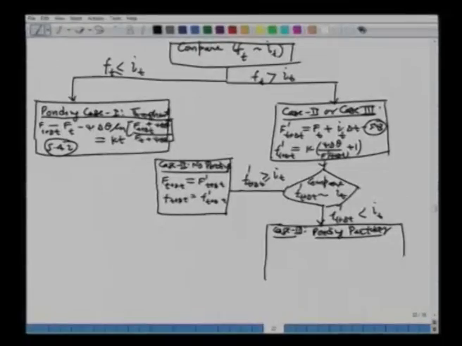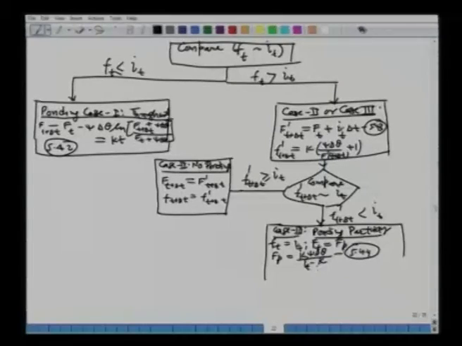So, the corresponding equations would be f of t is equal to I t, and capital F, let us say at ponding, F p, we calculate using the equation K psi delta theta over (I at t minus K). I am using equation 5.4.4.